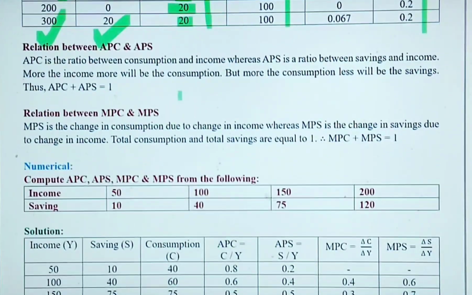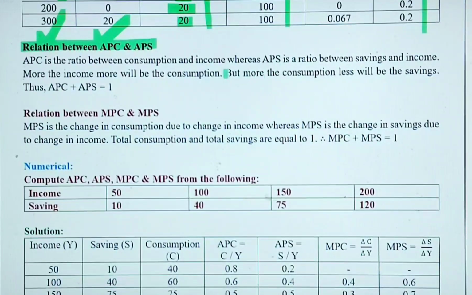Now let's try to find out the relation between APC and APS, average propensity to consume and average propensity to save. First I will read it out. APC is the ratio between consumption and income, whereas APS is the ratio between savings and income. That is clear. The more the income, the more the consumption, but the more the consumption, the less the saving.